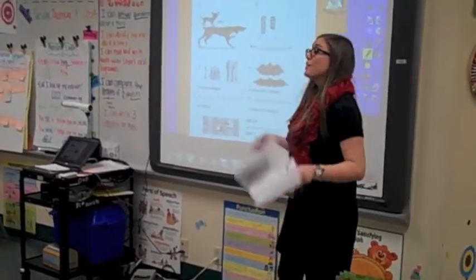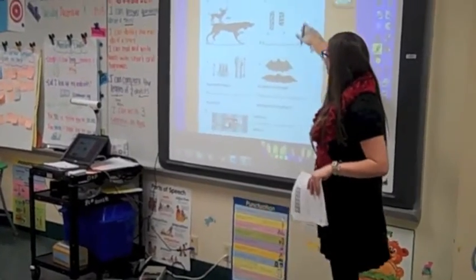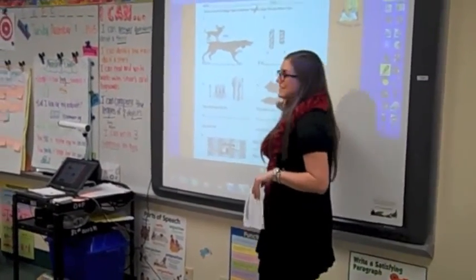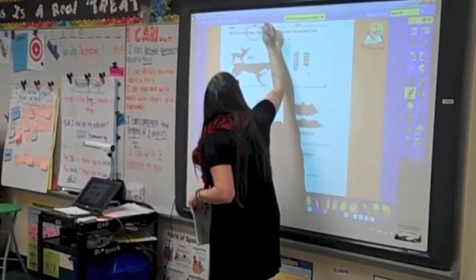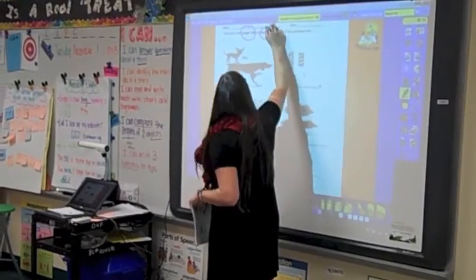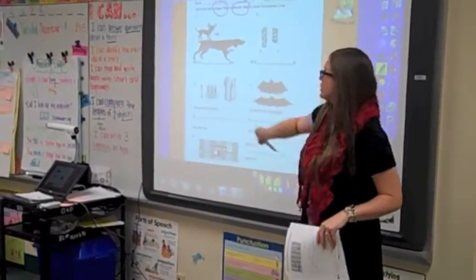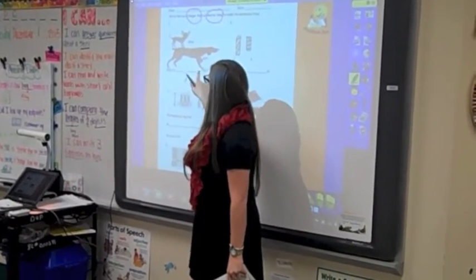All right, boys and girls, so now we are going to move into our independent work. So this is going to be the activity that you do. And if you look up here, it says your directions. Write the words longer than and shorter than to make the sentences true. So let's look at the first one. Abby is blank spot.